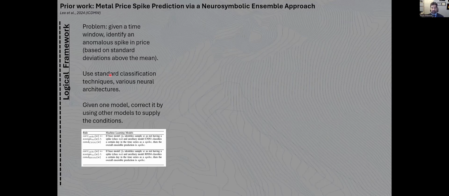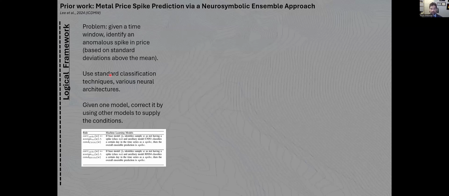To solve this problem from a machine learning standpoint, once you define the spikes in this way, it's a classification problem with a many-to-one structure. You have many items in your input, a vector of prices over a window of time, and you're just trying to produce a result that's either yes, there is a spike, or no, there is not. Machine learning gives us a lot of rich methods to do this, such as recurrent neural networks, attention, and you can even do this with convolutional neural networks.